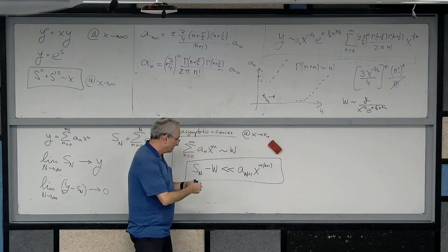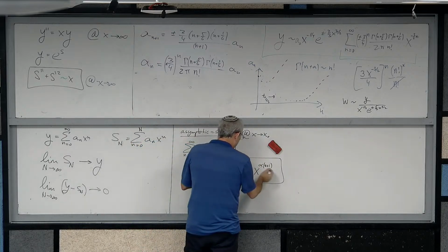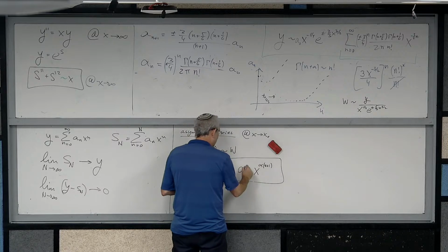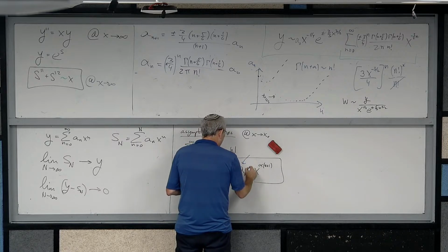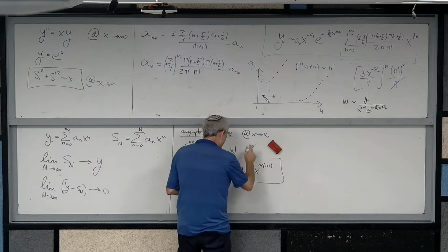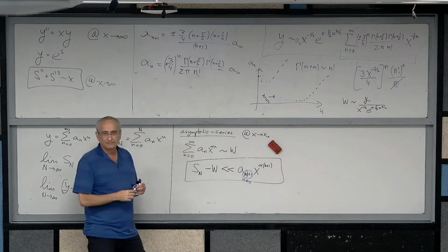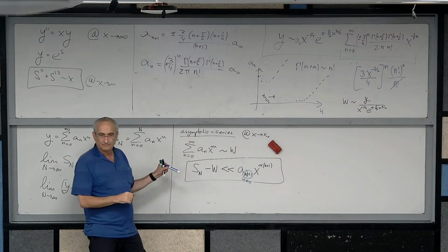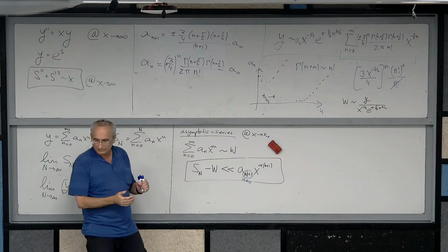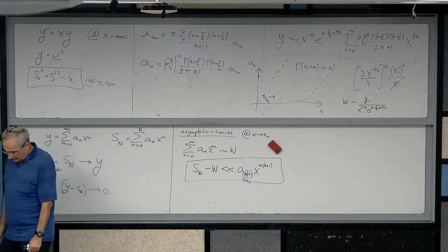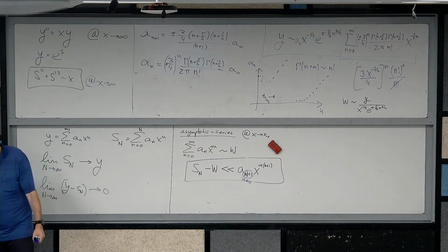There must be one, because otherwise it's not an asymptotic series. So this n plus 1 is if non-zero, and if it's 0, then take the n plus 2 or the n plus 3. Okay? Did you understand what I'm saying now? Good. That's it.